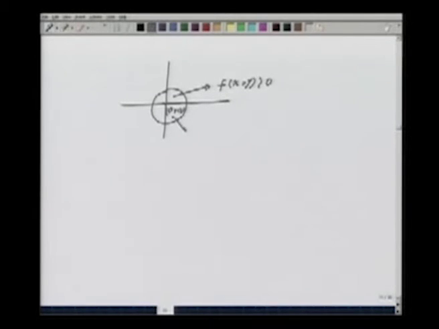If I take a point here, then x is positive but y is negative, so f of x, y is less than 0. But this 0 is actually f of 0, 0. So you see that around any small disk about 0, 0, whatever disk I choose, I can get points x, y where the value of the function is bigger than f of 0, 0, and points where the value of the function is less than f of 0, 0. So this justifies why this is a saddle point.